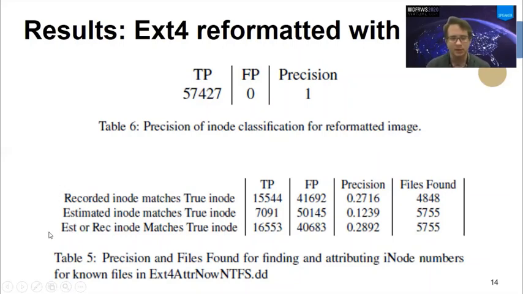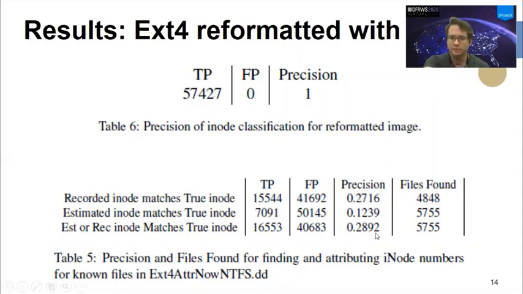Just to explain this rather shortly, for each of these rows, we had a number of ways we could estimate the file name and inode number pairs for each of the inodes. There are these two different methods here, and the bottom row is essentially ORing the results from both of these methods. So if one of the methods were correct, then we would say we found a correct attribution of the file name inode number pair to the inode.